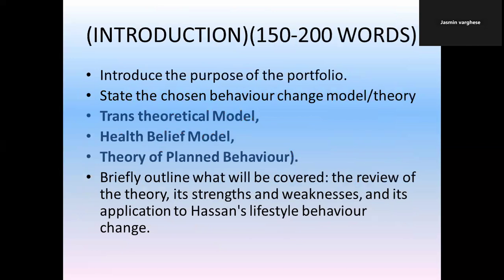So three sections we need in your assignment: introduction, main body, conclusion. In the introduction, you have to introduce the purpose of the portfolio and give a short, brief description of the entire work, one or two paragraphs, that's enough. Briefly outline what will be covered: the review of the theory, its strengths, weaknesses, and its application.